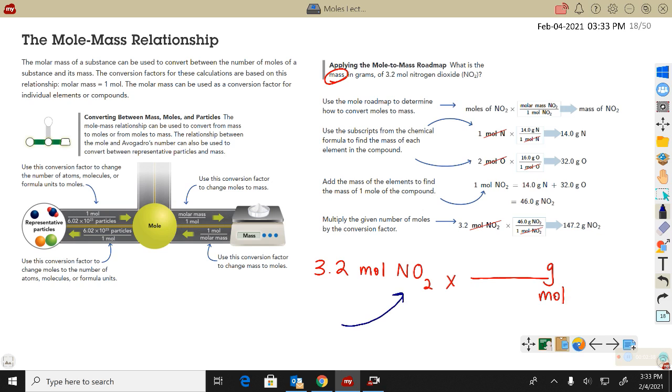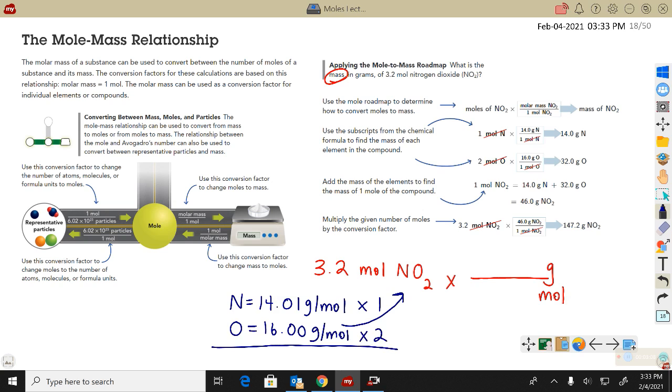So before I can plug in grams, I need to add nitrogen. Its molar mass is about 14.01. In this compound, there would be 1 nitrogen, or on a larger scale, 1 mole of nitrogen atoms. Oxygen is about 16 grams per mole, but there would be 2.